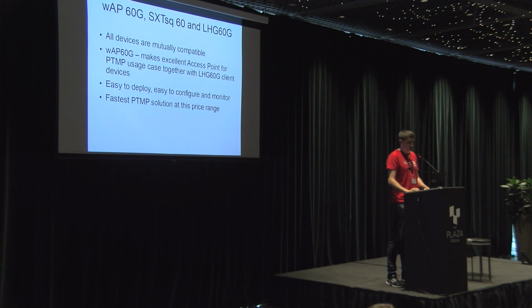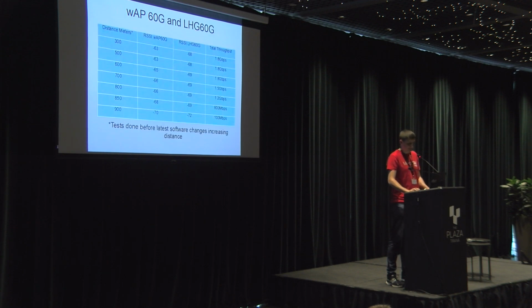It is very easy to deploy and easy to configure the devices, and also you can monitor the devices using SNMP. Currently, this is the fastest point-to-multipoint solution at this price range.